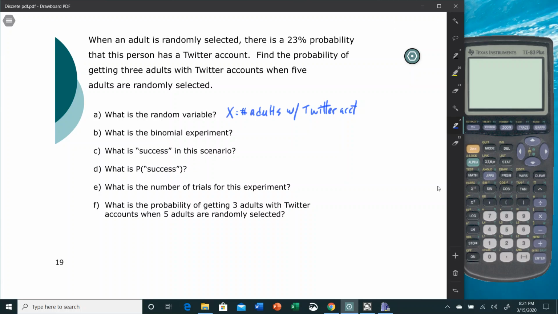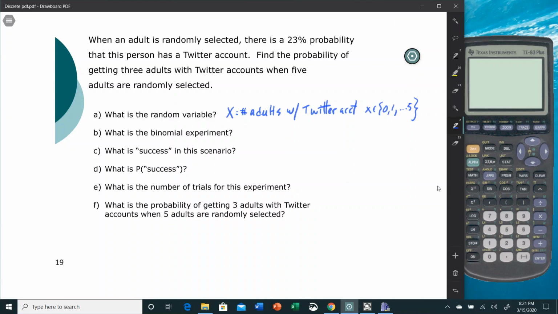And since 5 adults are selected, and each adult constitutes a binomial experiment, because they either do or don't, it's a success or failure experiment. X could take on the value 0, 1, up to 5.